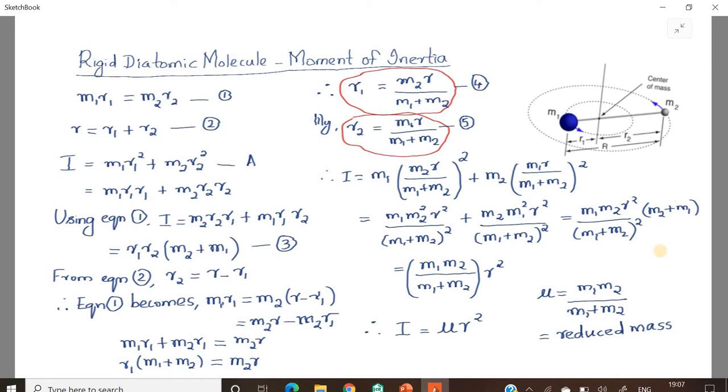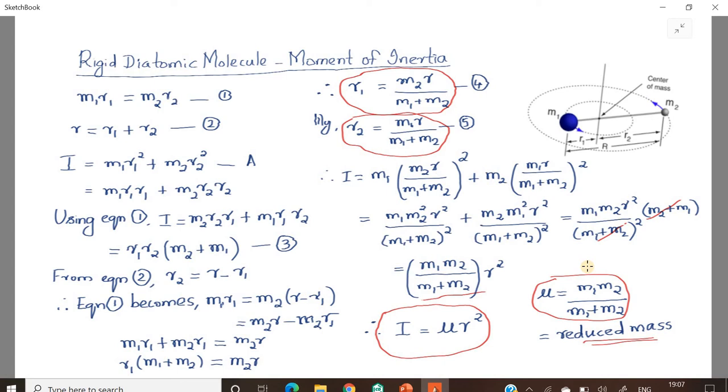If we cancel one M1 plus M2, we have the moment of inertia I equals M1 M2 by M1 plus M2 into R square, which can be simplified as I equals mu R square, where mu equals M1 M2 by M1 plus M2, which is called the reduced mass of the molecule.